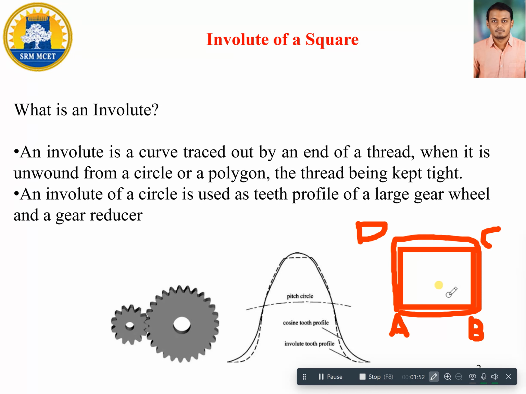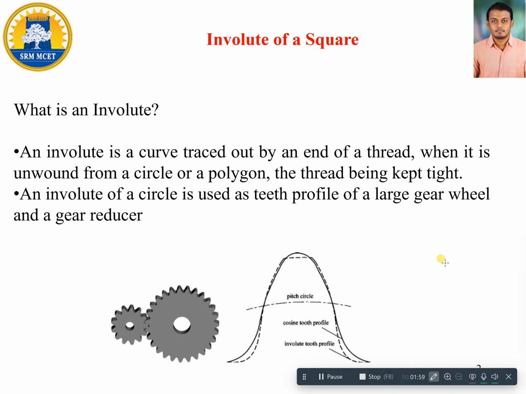There will be no gap in between the actual square and your thread. Let us once again draw the square.